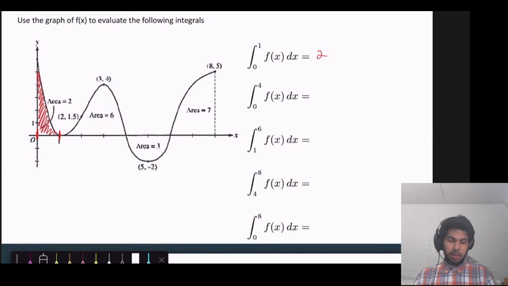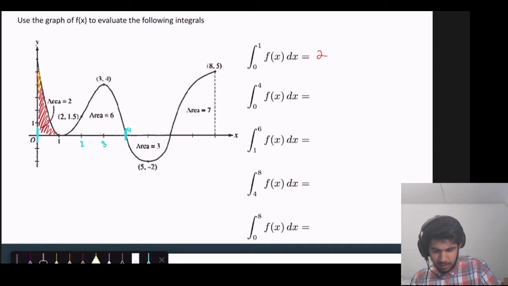Okay, so now we want from 0 to 4. So that's from 0 and 4. Well, this is 2, this is 3, so this should be 4 here. So the area we're interested in is, I'm drawing over this red now, but it's going to be this entire yellow area.